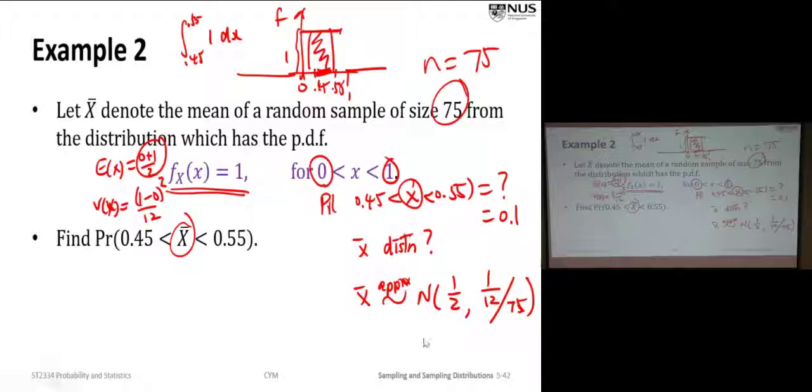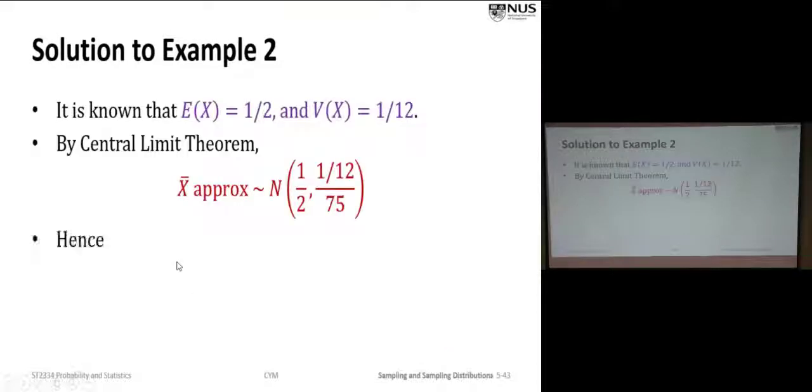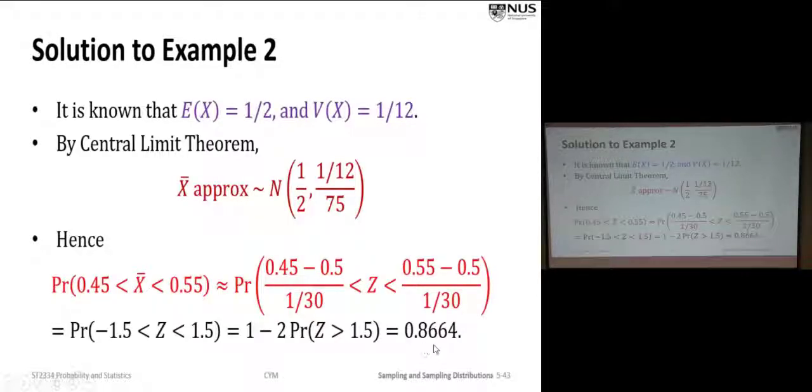So now we have an approximate distribution for x bar, so we can proceed to calculate this probability. The answer is 0.86. Compare with what I just showed you: for one individual observation, the probability that it lies between 0.45 and 0.55 is only 10%.